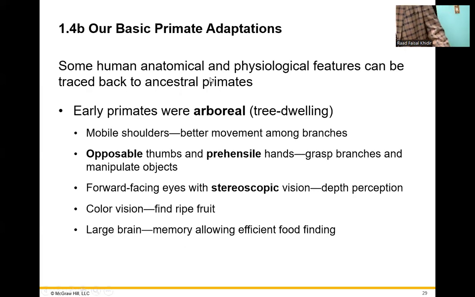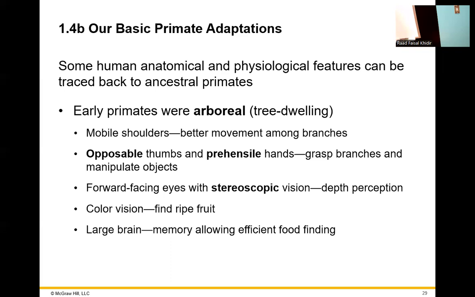Okay, and some adaptations are, for example, being arboreal. Arboreal is when you are living on the top of the tree. Then we develop our eyes. The old human beings had eyes on the side, like the fish and like other animals. But now we no longer have peripheral eyes. We have central eyes.